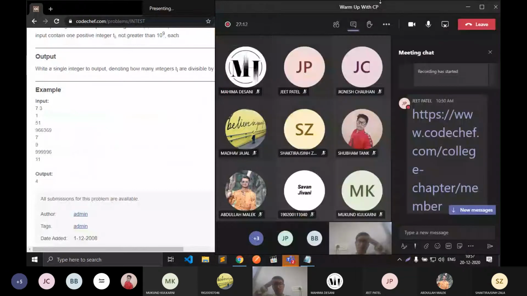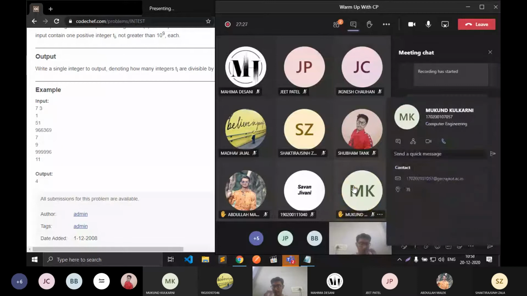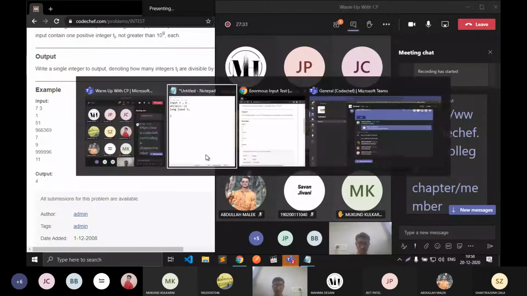For checking whether a number is divisible by k or not, what should I do? Anyone guess? Any other? Many if else. Yes, here is Mukund. Can you unmute? Yes, what way can I do?